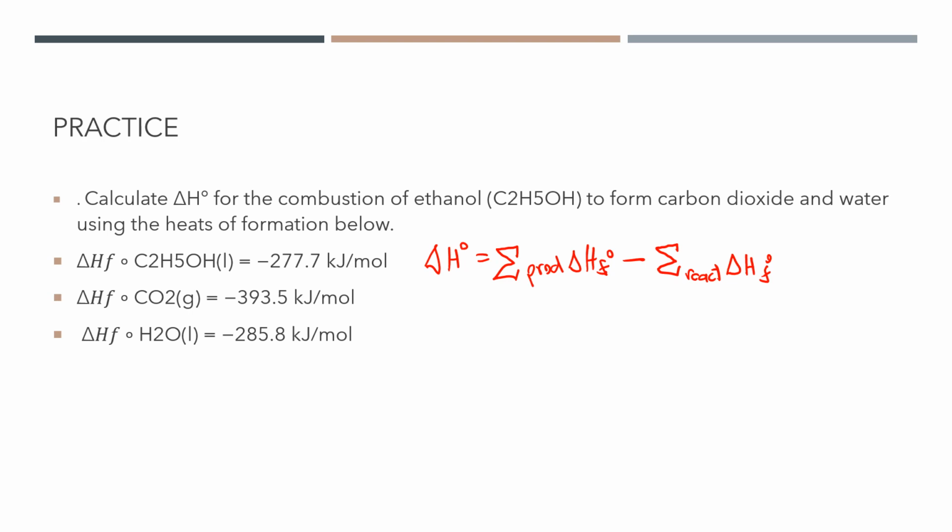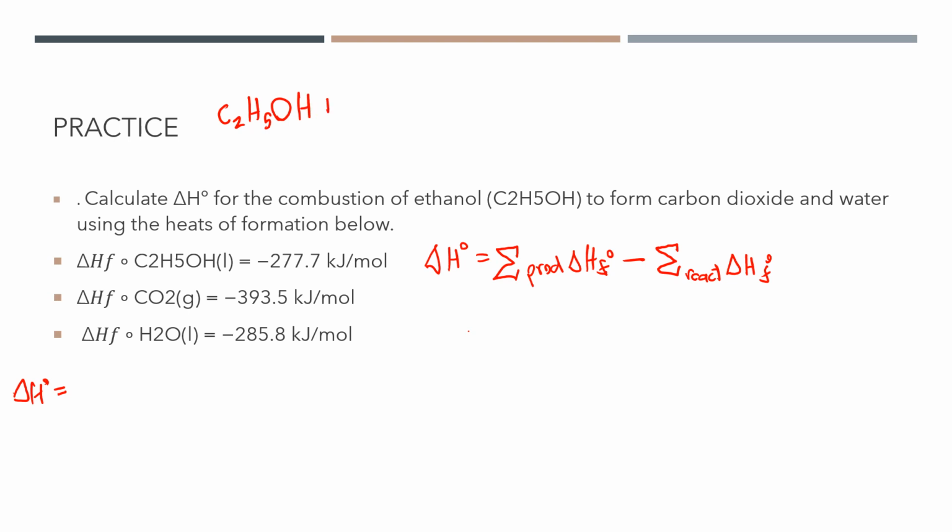So let's do that real quick. We have delta H naught equals, let's look at what our reactants are, or what we actually first have to do is write our equation. I'm getting ahead of myself. The equation for that, and this is practice from earlier, I'm just going to write it out.